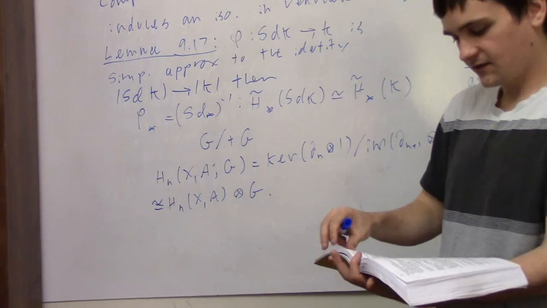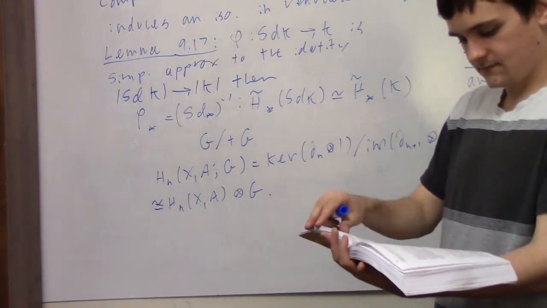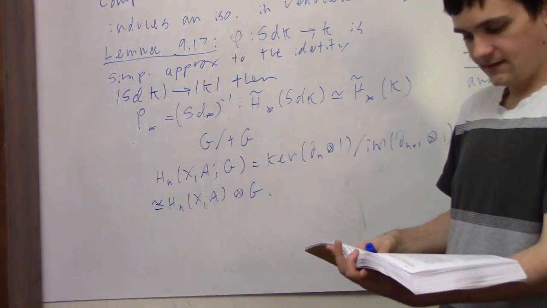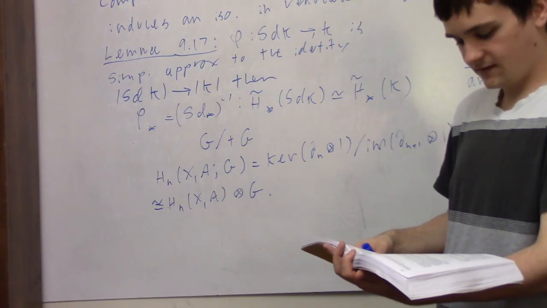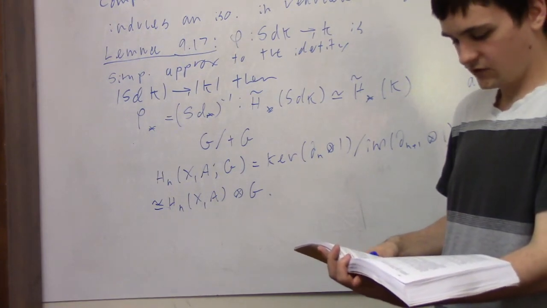But this is only true for certain G. So the theorem he goes on to show, on page 261, is the universal coefficients theorem for homology.